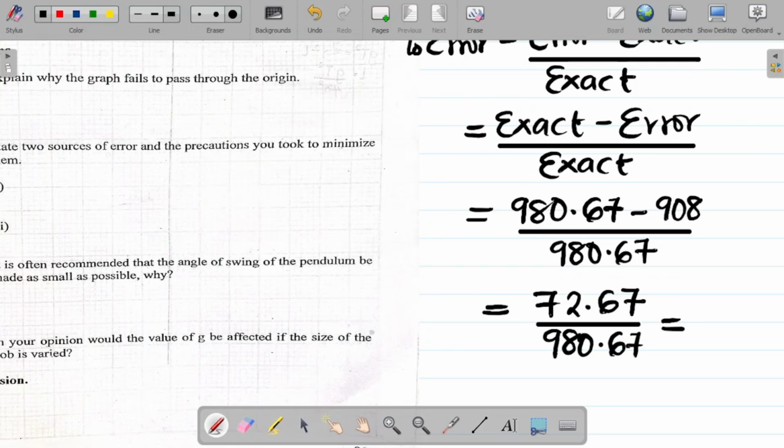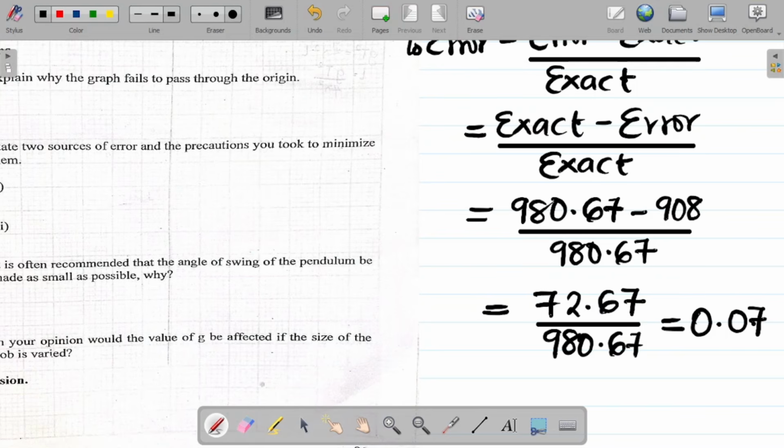That's about 0.07. So I have about just a 0.07 error. For this one here, I won't want to multiply by 100. I don't actually need that percentage value. I only needed this value. So from what I have here, I can see that the value is about 0.07.